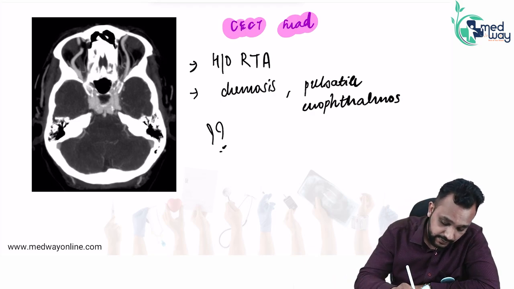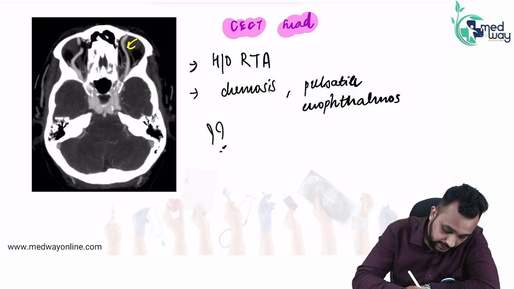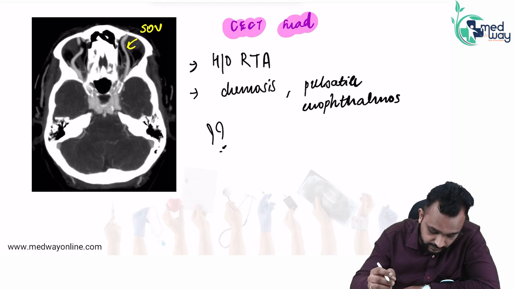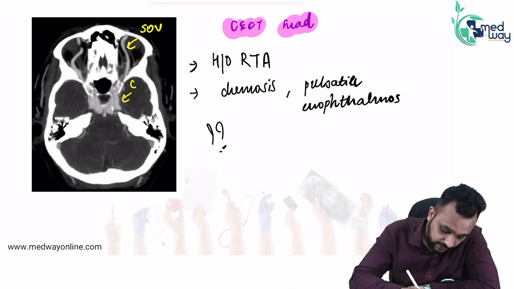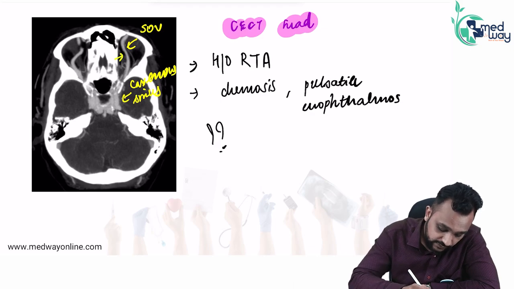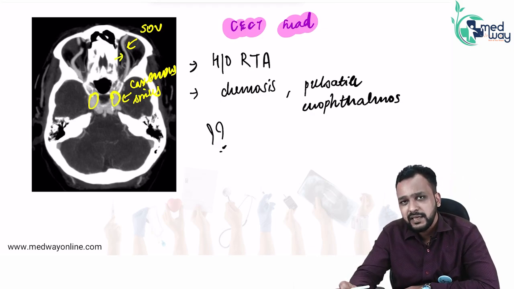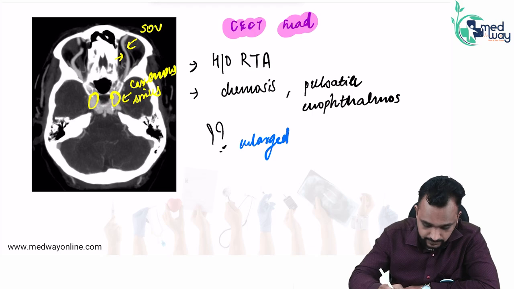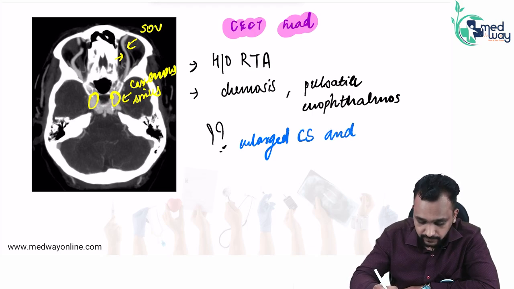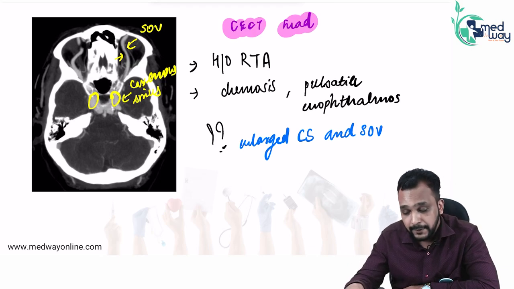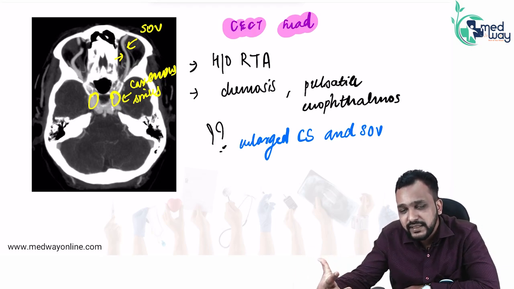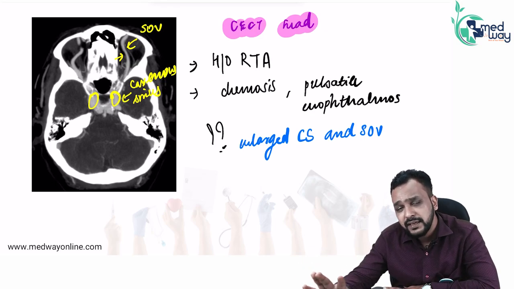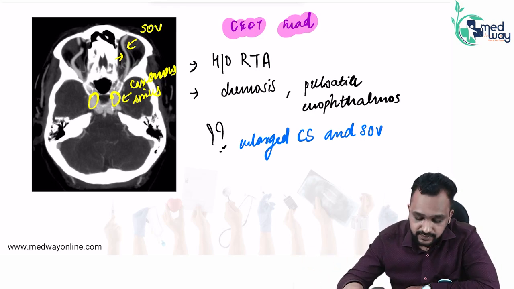If I look at these images, we can see in this patient that this is the superior ophthalmic vein and this is your cavernous sinus. If you just look at the normal images, you will appreciate that this cavernous sinus as well as this superior ophthalmic vein both are enlarged. Now this is happening because there is increased blood flow within the cavernous sinus, and we all know that superior ophthalmic vein drains into the cavernous sinus.